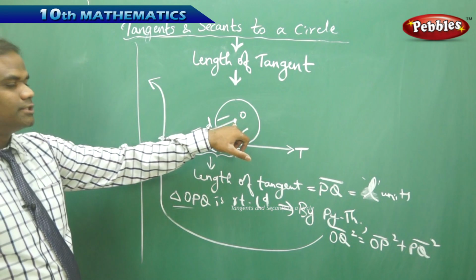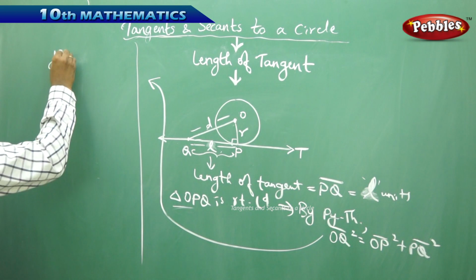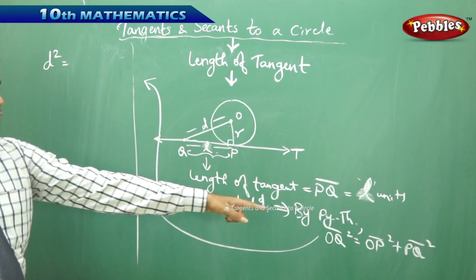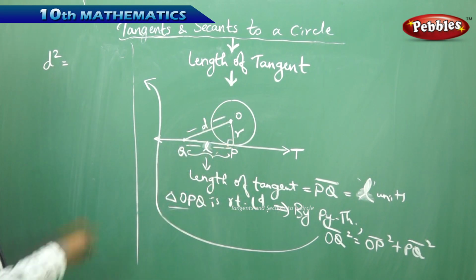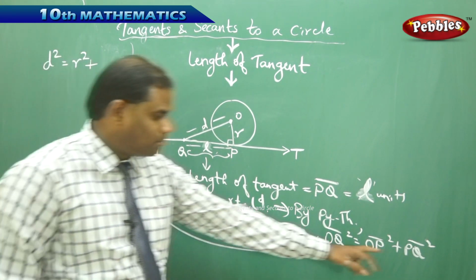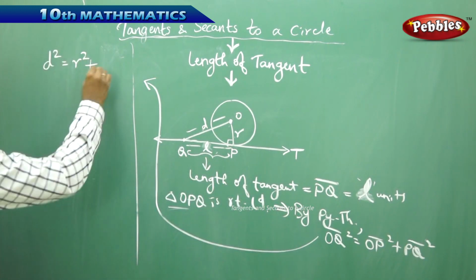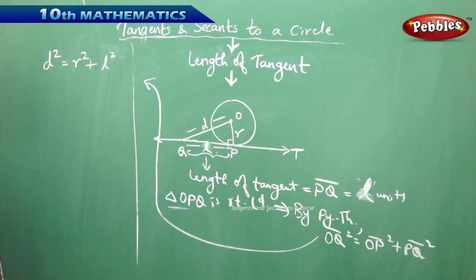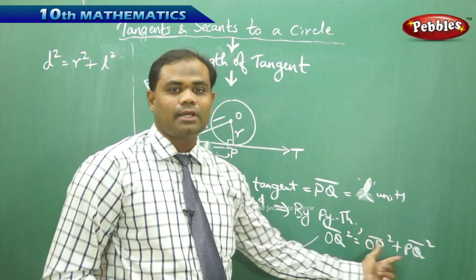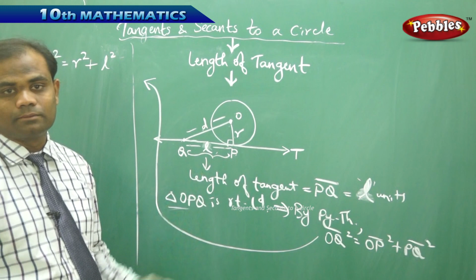OQ square, which is clearly OQ being D, reduces to D square equals. So here in place of OP, I have R, which I am going to substitute on the right hand side as R square. Similarly, my PQ, which is clearly L, reduces to L square, is what I get when each of OQ, OP and PQ are substituted from the right angle triangle OPQ.